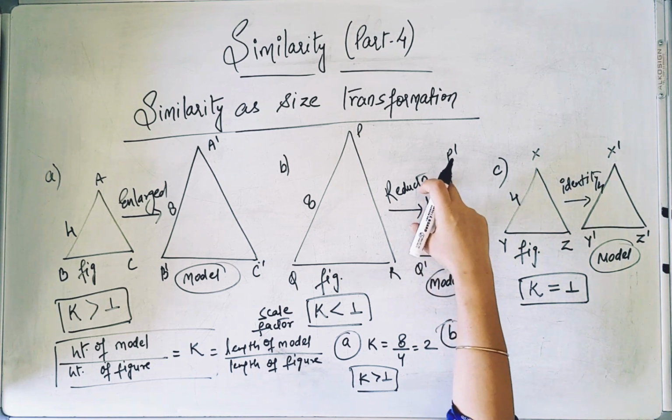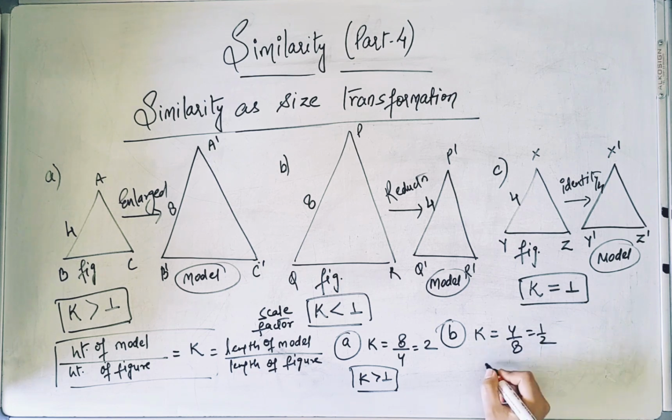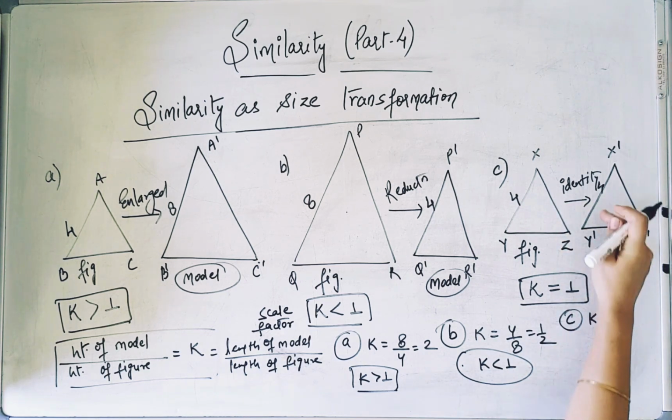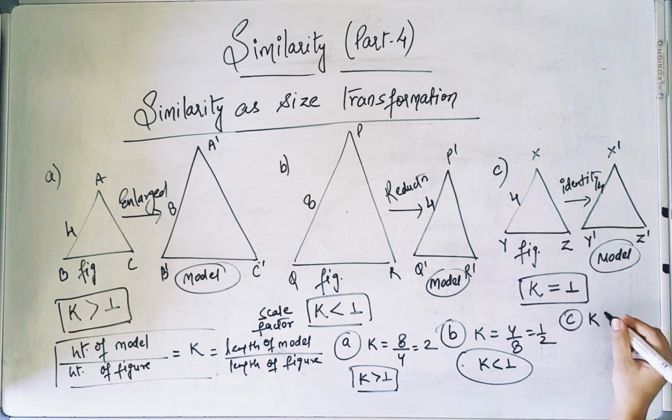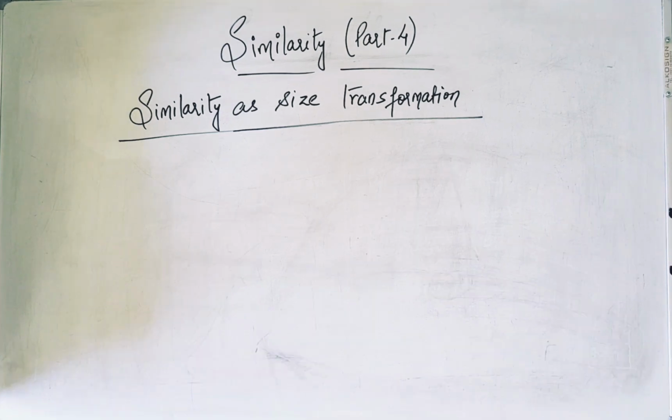Length of model, this is model, 4 by 8, that means 1 by 2. K is smaller than 1, that means the figure is what? Reduced. Now if we look at this one, C, k is length of model upon length of figure, that is 4 by 4. So k is equal to 1. So this transformation is known as identity transformation.